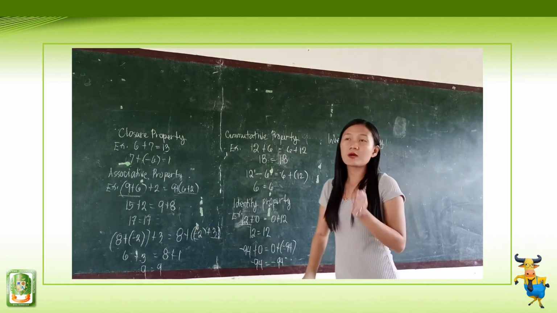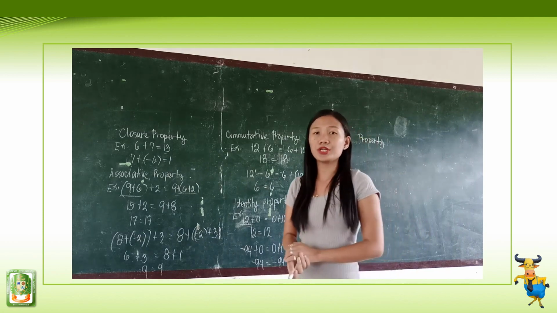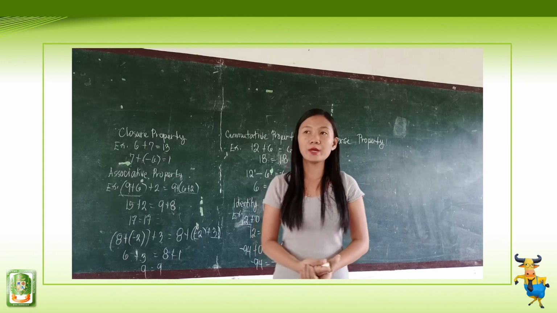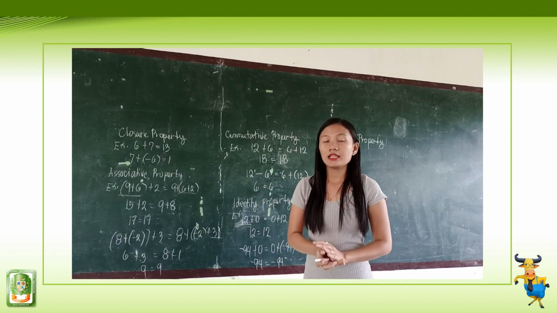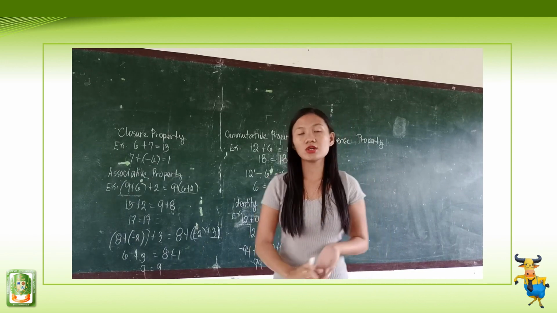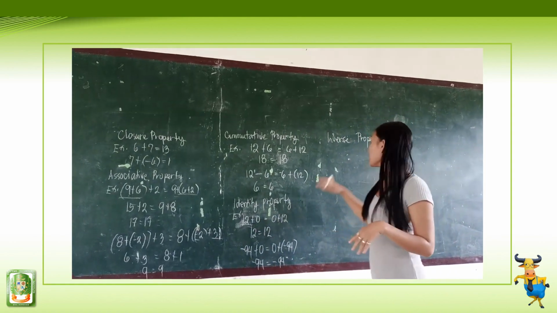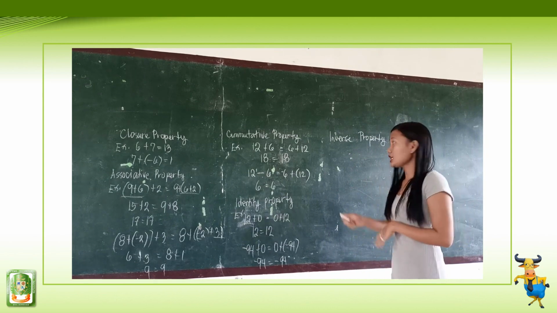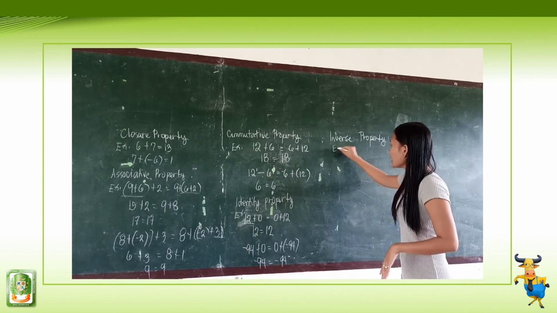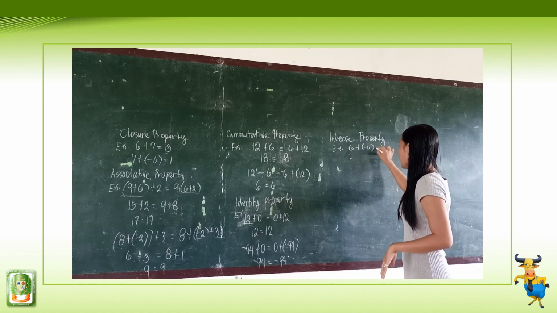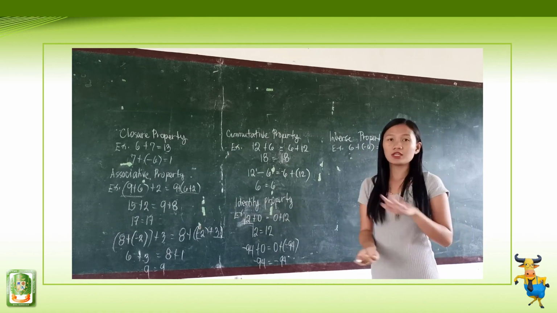In inverse property, we have the same number but different in sign. So, magkaparehong number lang and magkaiba lang yung sign nila. Mas madali din ang inverse property, parang identity. Example natin is 6 plus negative 6 equals 0. Paano natin nasabing inverse?